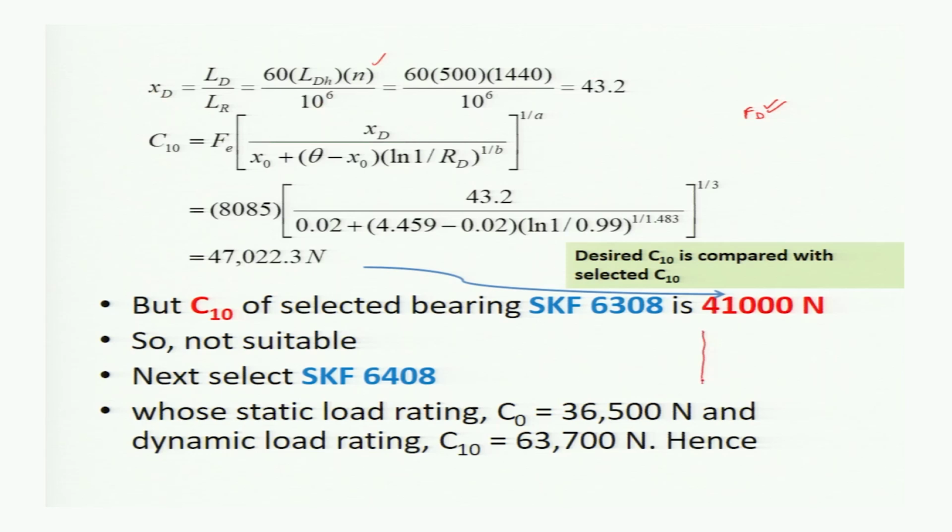Just remember the two curves, that was the reliability rated and that is 90%, and this is the required reliability Rd. The design point is here, the A point is here and the B point is here, B. Okay.